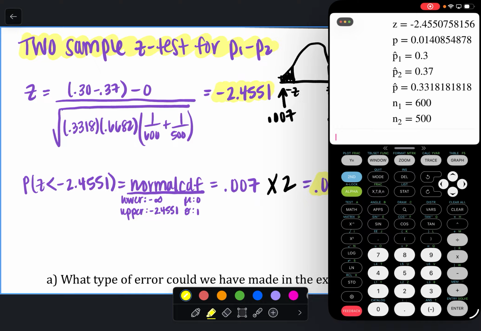And notice that their p-value is already 0.014, so they have already done the doubling for you. The only time you double it is if you are calculating it yourself.